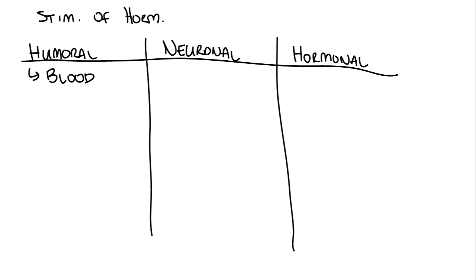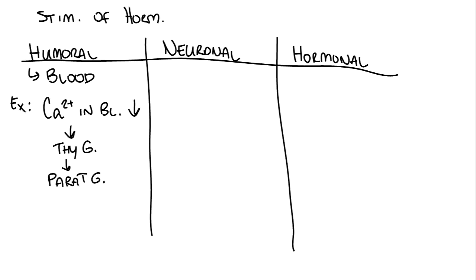So let's do an example here to make this more clear. Our example will be calcium levels in the blood. Let's say calcium levels in the blood drop. That blood passes through the thyroid gland, and then it passes through the parathyroid glands.